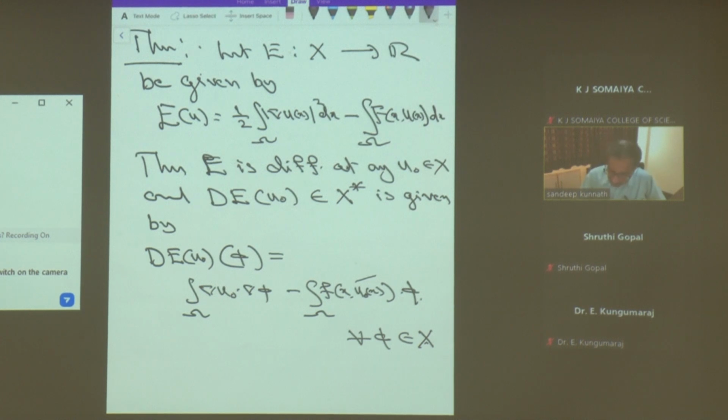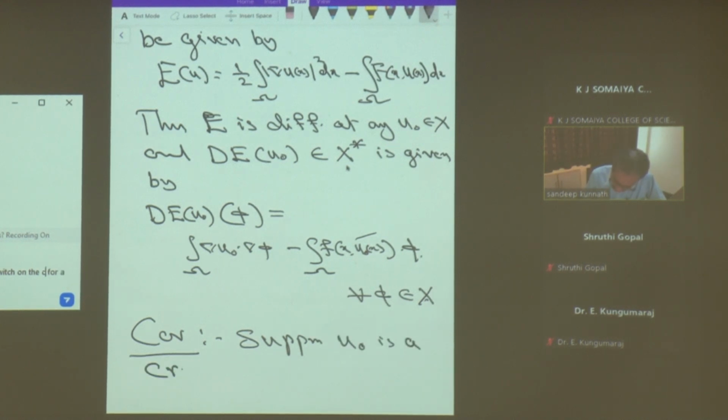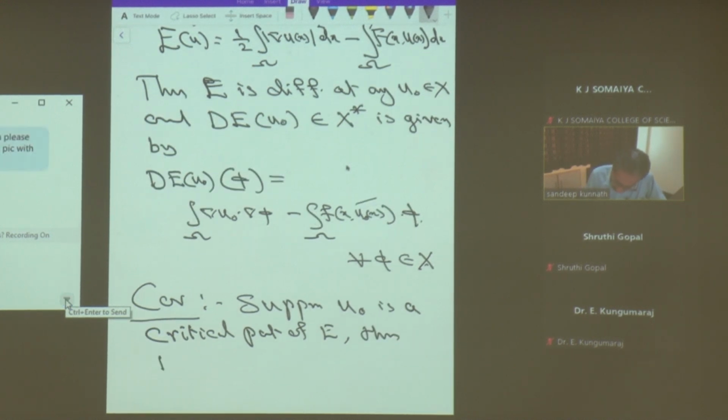And once it is a derivative, as a corollary, I can see that suppose u0 is a critical point of E. Then you know that dE of u0 is going to be equal to 0.